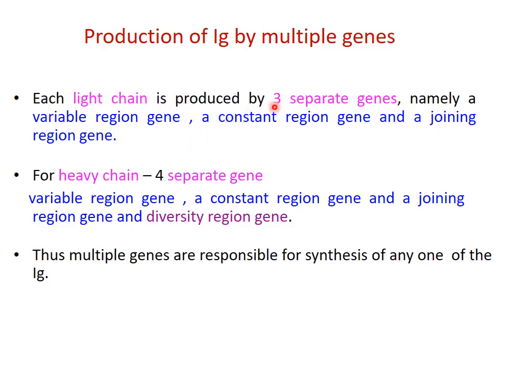And heavy chains are produced by 4 separate genes, namely variable region genes, constant region genes, joining region genes, and one more, the diversity region gene or D gene. So V, C, J and D for the heavy chain. These multiple genes are responsible for the synthesis of a single immunoglobulin molecule.